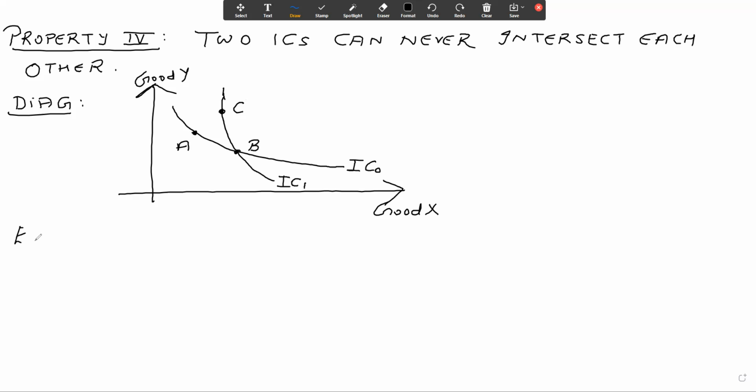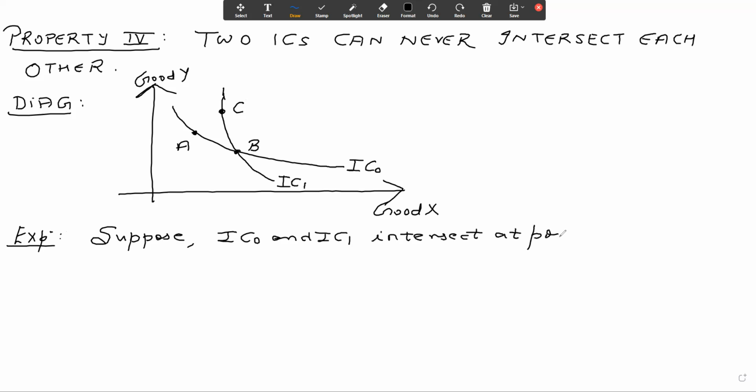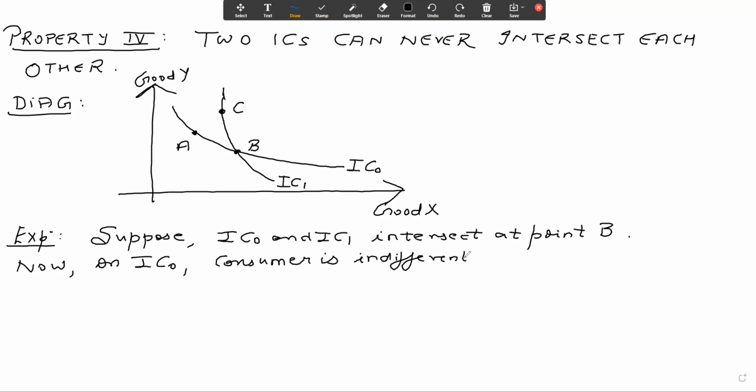Let's look at the explanation. Suppose IC0 and IC1 intersect at point B. Now, on the indifference curve IC0, the consumer is indifferent between A and B. You can clearly see that bundles A and B both lie on IC0.